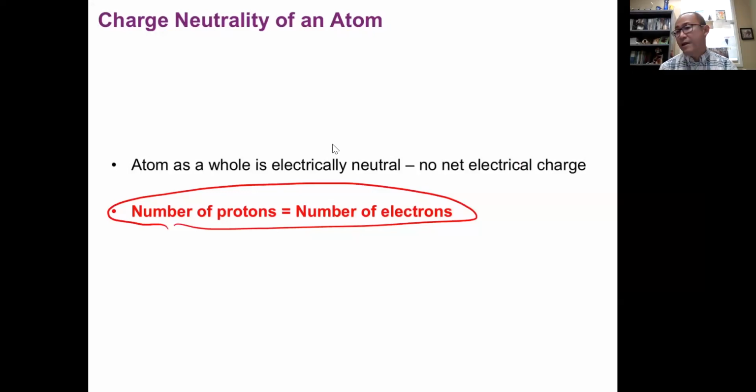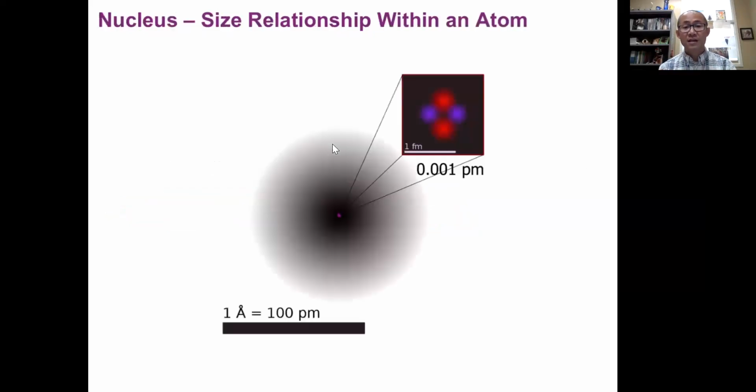Another thing we want to know is the relative size comparison of the different parts of the atom. We know the atom has a small nucleus at the center and relatively empty space outside the nucleus filled with electrons. But what's the relative size between the nucleus and the whole atom?